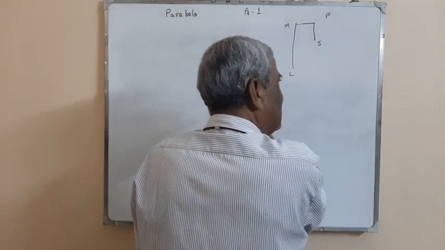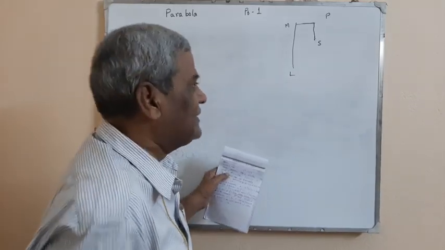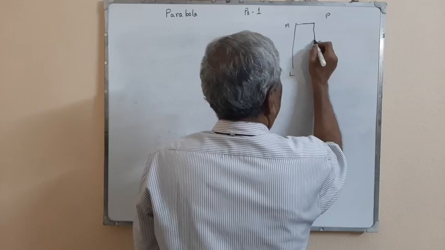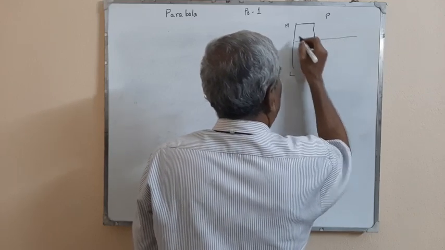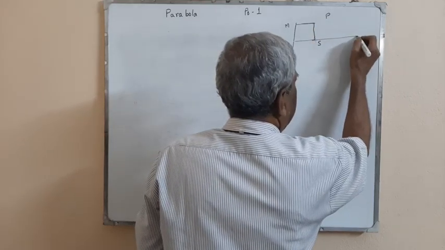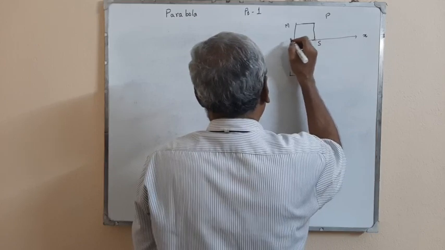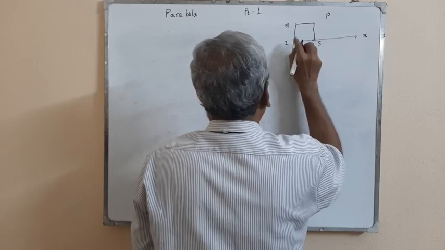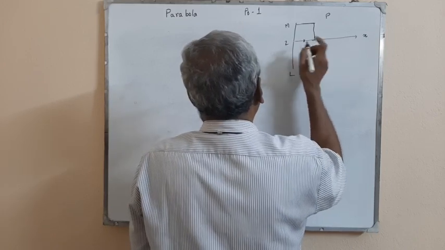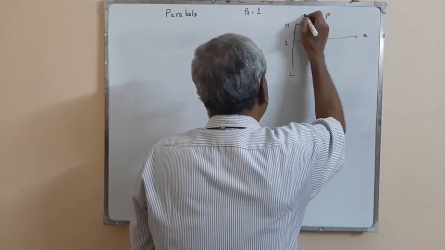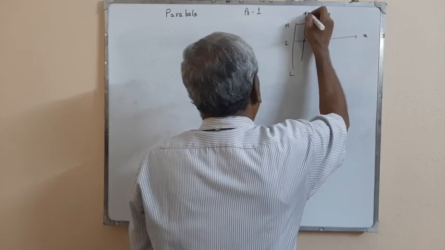Under certain restrictions of axis: a perpendicular is drawn from the fixed point to the fixed straight line, and take it as the x-axis. Suppose this is Z, the foot of the perpendicular, and the midpoint between S and Z is at the origin, then this becomes the y-axis.